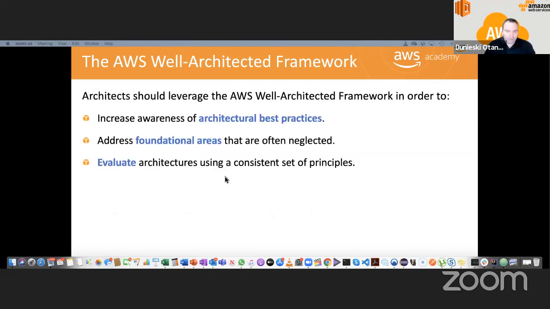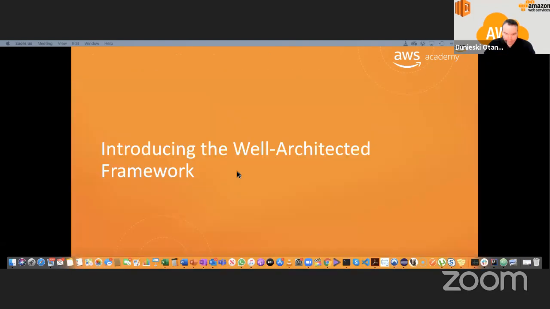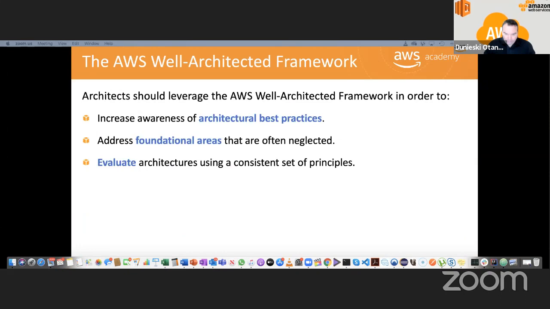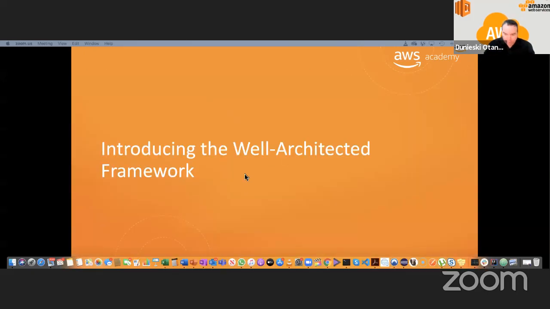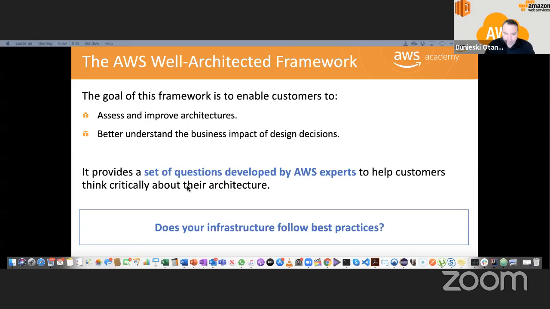Like it says right here, it gives you a set of questions developed by AWS experts to help you think critically and get to a decision when it comes to design and the impact that design is going to have.